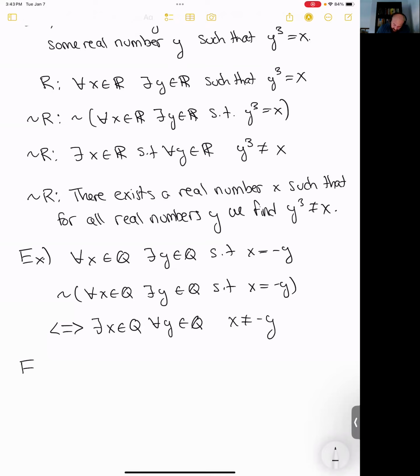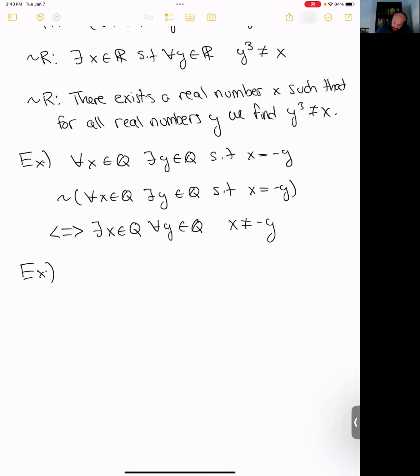Okay, and if I do one more example for now, let's say the starting statement is for all x in the real numbers, there exists a y in the natural numbers such that x to the power y is greater than or equal to 0. Then I want to negate that.